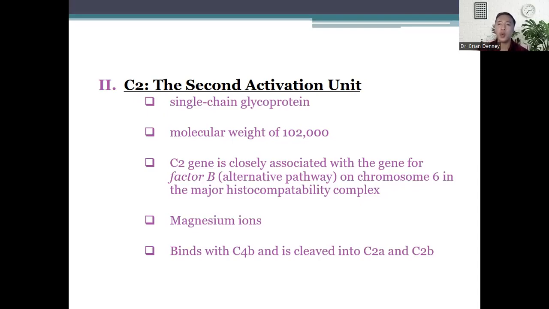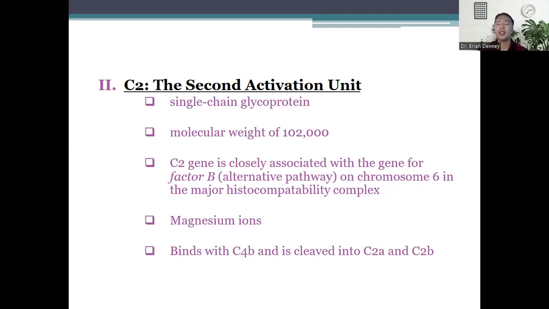Calcium ions. What ions now must be present for C4b to cause activation or proteolytic cleavage of your C2? Magnesium ions. Take note. So C2, in the presence of your C4b and magnesium ions, becomes cleaved into smaller and larger fragments.